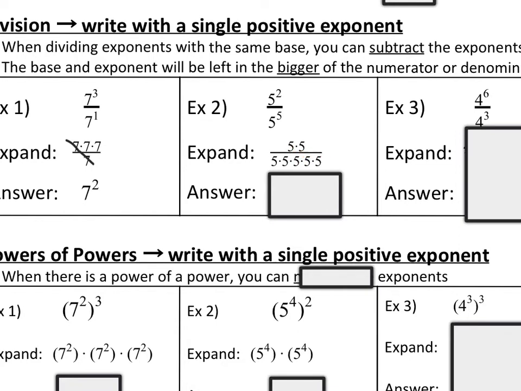And in this case, it looks like we have 2 of the 5s that will divide out into giving us a 1, which leaves us with just these 3 5s left, but in the denominator, that's going to give us an answer of 1 over 5 to the third. Notice that we could also do 5 minus 2 or 2 minus 5, which gives a negative 3 or a 3. There's going to be 3 left in the denominator.